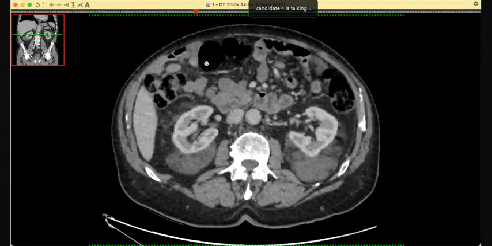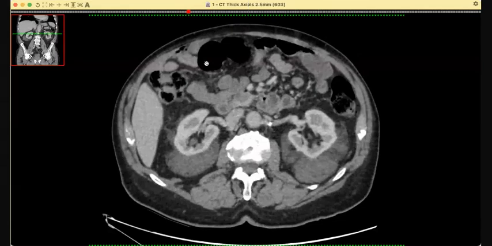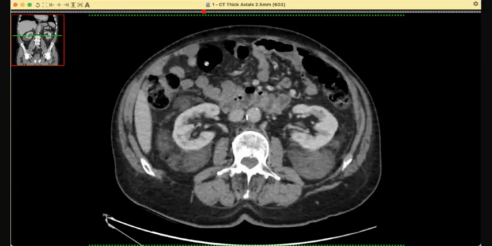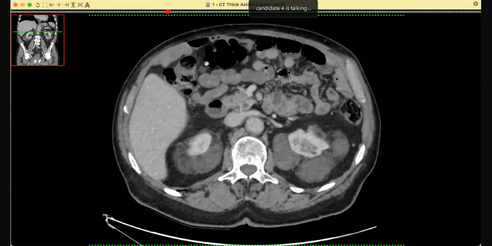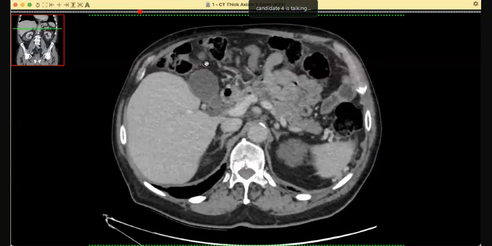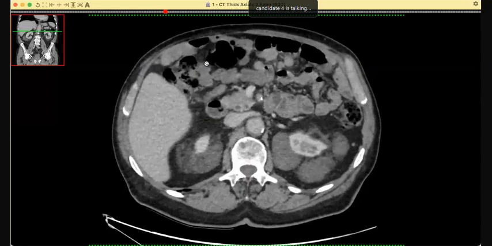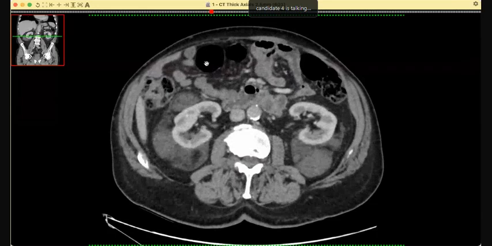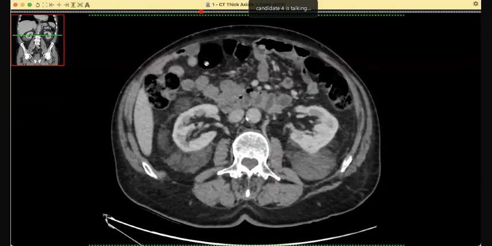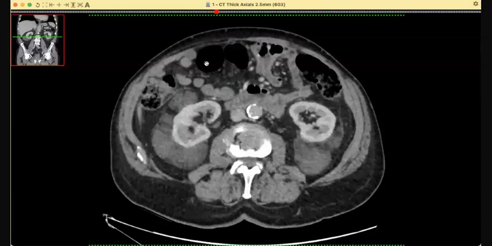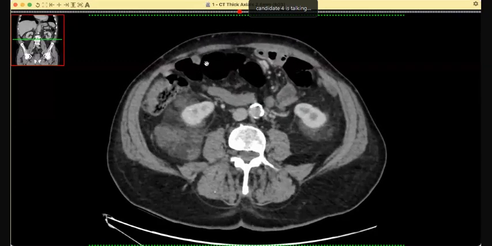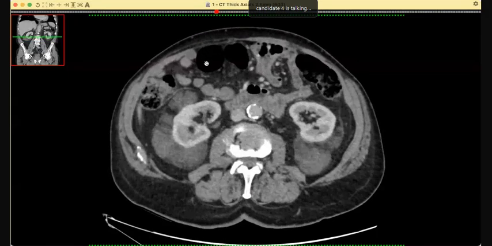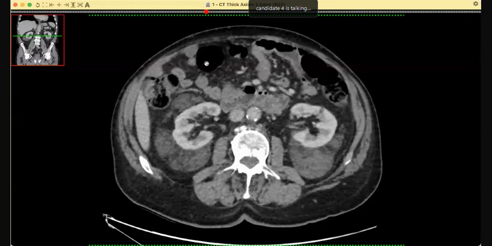However, there is no obvious involvement of the renal parenchyma. I'm trying to look for enhancement of these lesions. In my routine practice, I would like to correlate with the pre-contrast images. There are areas of fat within these lesions. I would like to confirm in my routine practice with the HU units of these areas.